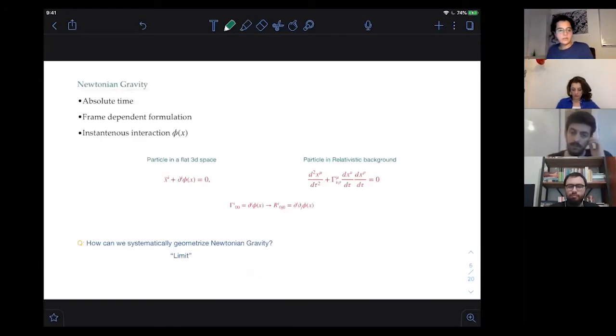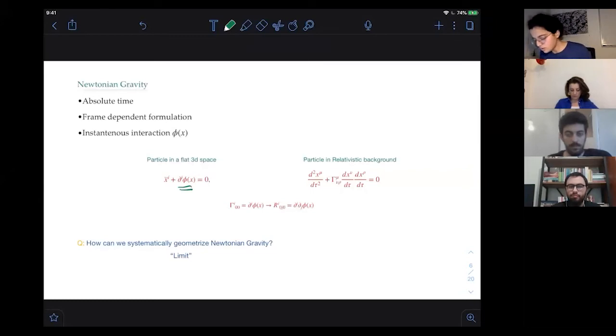Okay, so I will start quite basic. I already mentioned that Newtonian gravity is based on absolute time, it is a frame-dependent formulation, and contains instantaneous interaction. One simple, obvious observation I would like to make is the following. Consider a particle in a flat 3D space coupled to a Newtonian potential in that form.